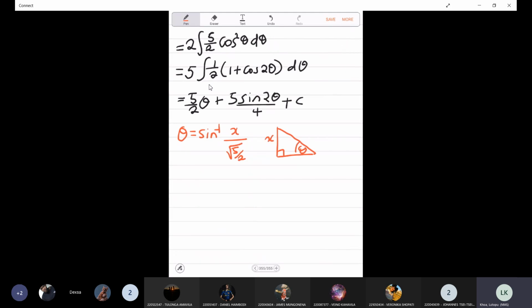And this is the square root of 5 over 2, our hypotenuse. And then the adjacent is the square root of 5 over 2 minus x squared.